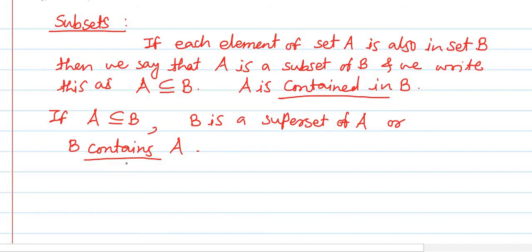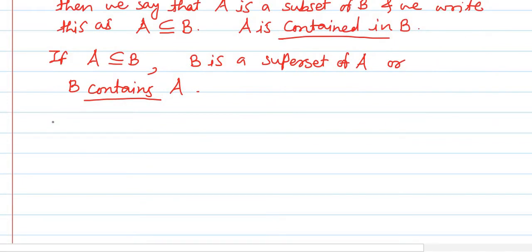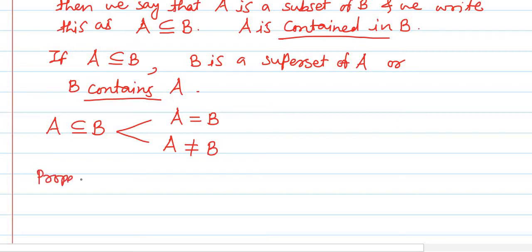Okay, so this one. Next one, if A is a subset of B, then there are two possibilities. The first possibility is that A may be equal to B, and the second possibility is that A is not equal to B. Okay, so we'll consider the next one as the proper subset.